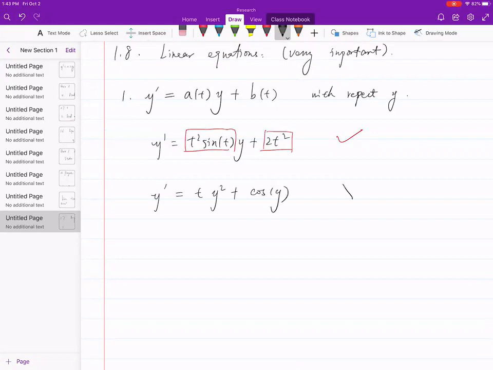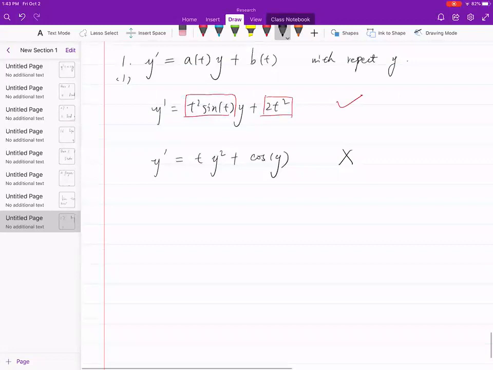This is certainly not good because now you are not linear with respect to y. Second, additional terminologies. We talk about homogeneous linear and non-homogeneous linear.